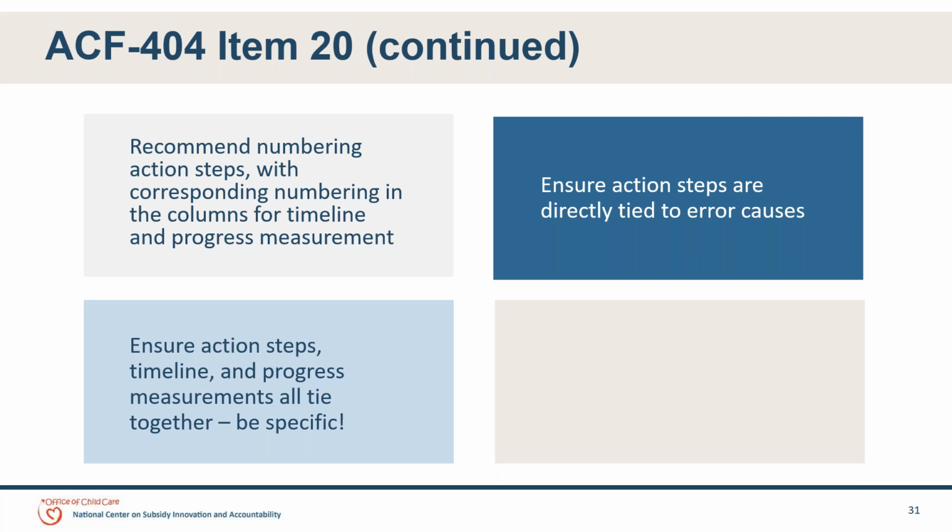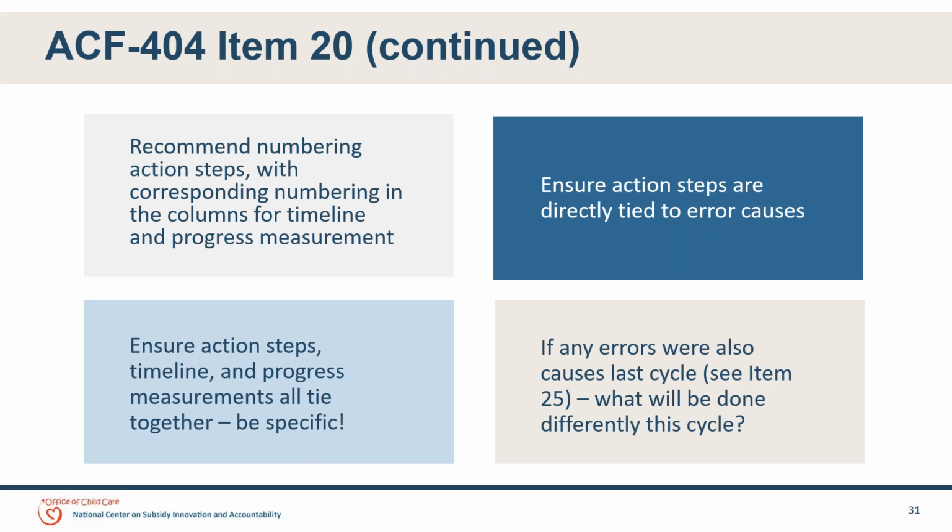Sometimes we go back and ask the state to be a little bit more specific with how they're presenting this information. And also, if any of your errors were also one of your error causes from last cycle, so if you're still having the same errors repeat, just make sure you think about what you might do differently this time around to address them.